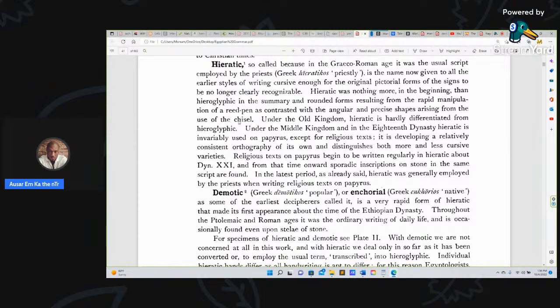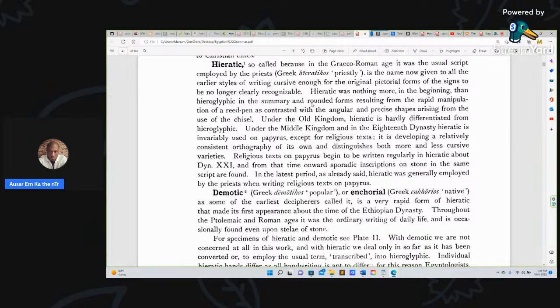So let's read that again, because this will put that whole argument in discussion in a nutshell and sum it up. Hieratic was nothing more in the beginning than hieroglyphic. It says it right here.